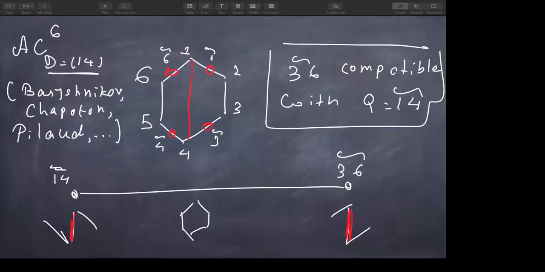So 1 tilde 4 tilde is compatible with 1, 4, and 3 tilde 6 tilde is compatible with 1, 4. So the vertices of this polytope are in one-to-one correspondence with all the dissections which are compatible with the 1, 4 dissection in the original hexagon. So that's the definition.